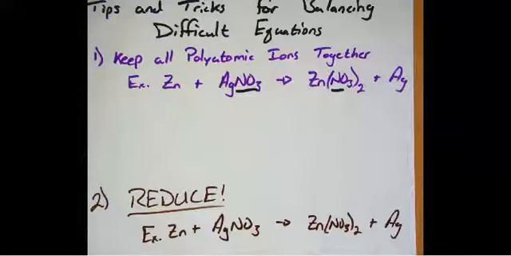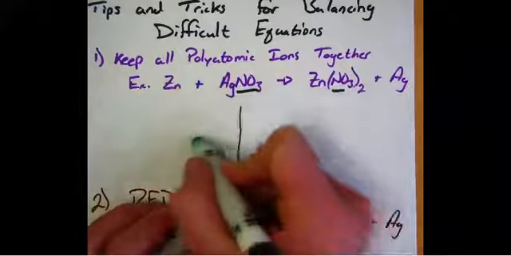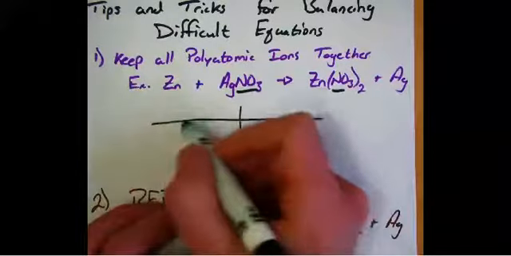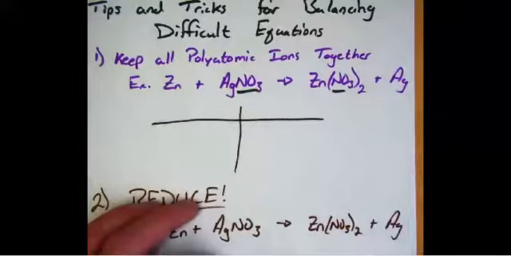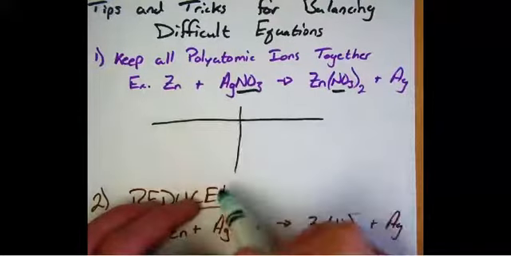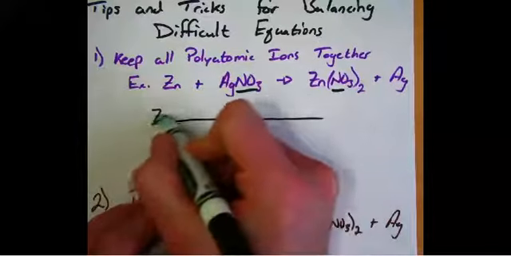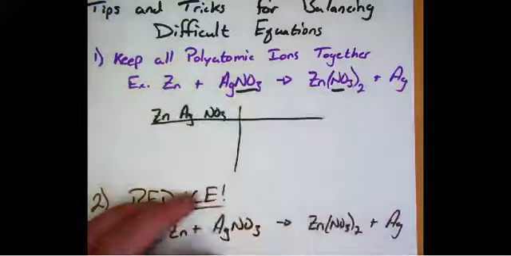So we're going to use our T-chart that we've used to represent our work. Now again, on the left side of the T-chart, this represents all of my reactants. So everything to the left of the arrow belongs to the left of the T. Everything to the right of the arrow represents everything in the products.